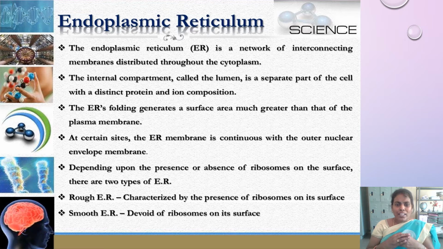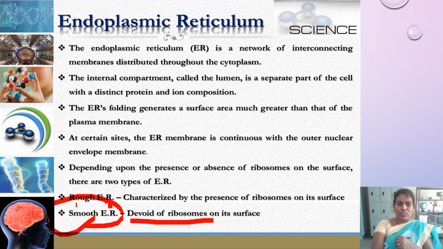The endoplasmic reticulum which is characterized by the presence of ribosomes on its surface is called rough endoplasmic reticulum. And the endoplasmic reticulum which does not contain ribosomes on its surface is called smooth endoplasmic reticulum.